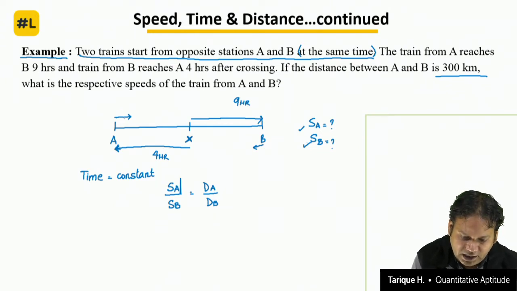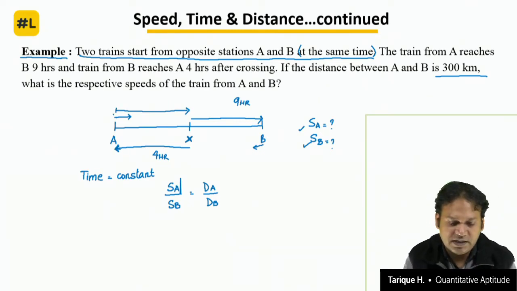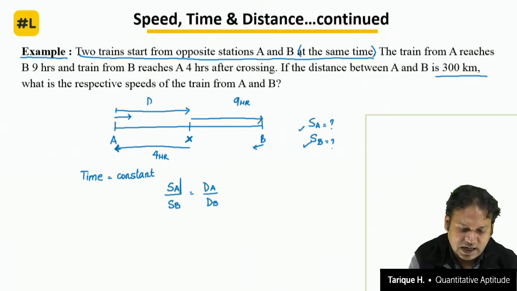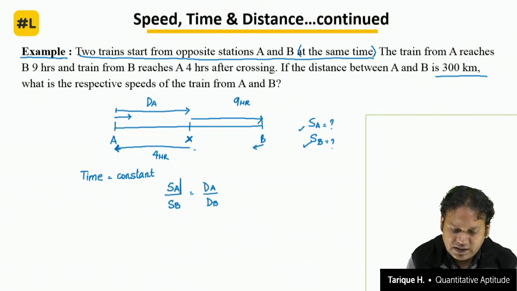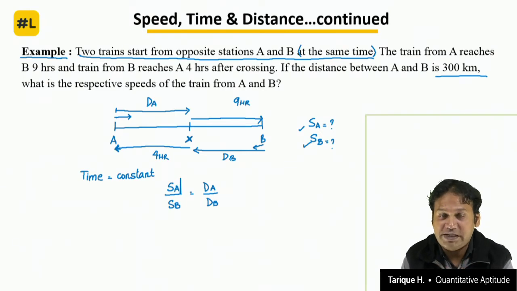Now let us say the train from A has covered this distance. Let us call this distance dA, and B has covered this distance. Let us call this distance dB. Now this is the distance covered by A and B at the point of meeting. After that what happens, we will see that later.